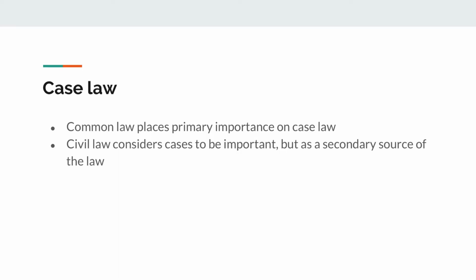Now, in the civil law, we call this concept jurisprudence constante. And jurisprudence constante is similar to stare decisis, but not the same, because under the civil law system, there's a suggestion that a court should follow case law, but there's no requirement that it must do, as we see in the case of stare decisis.